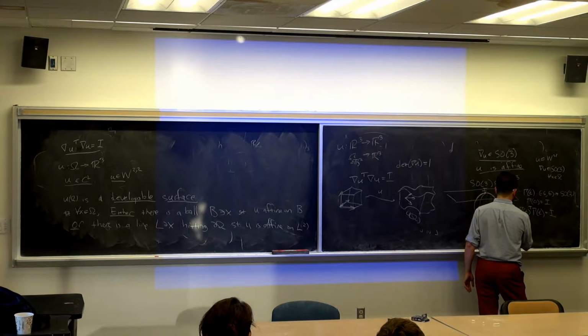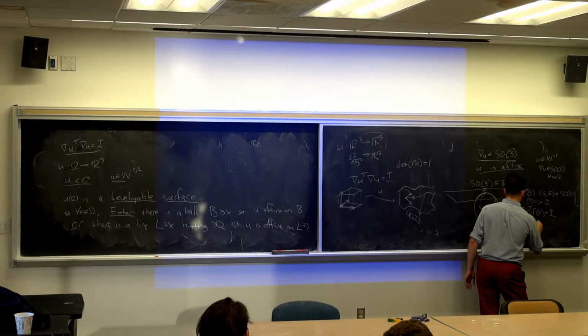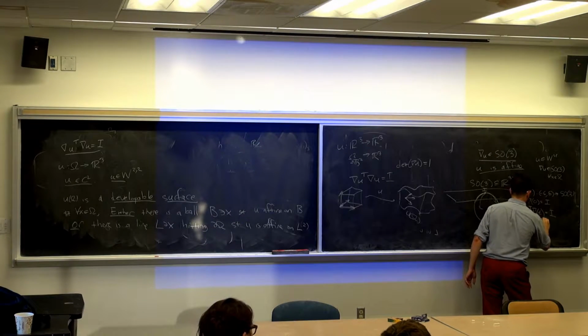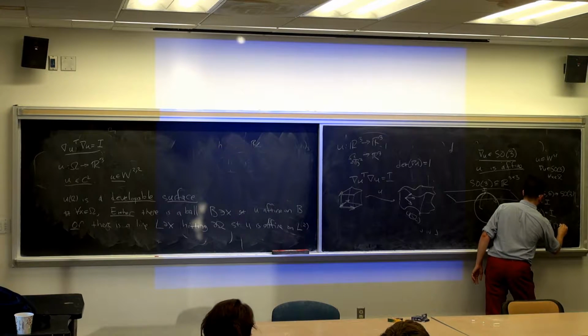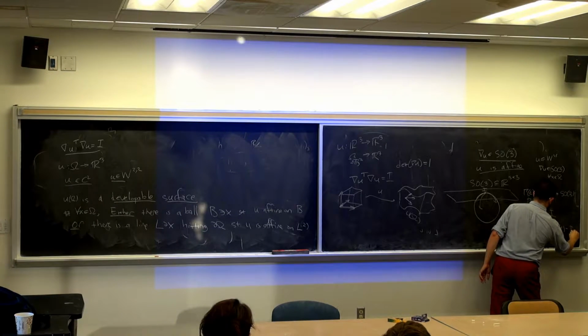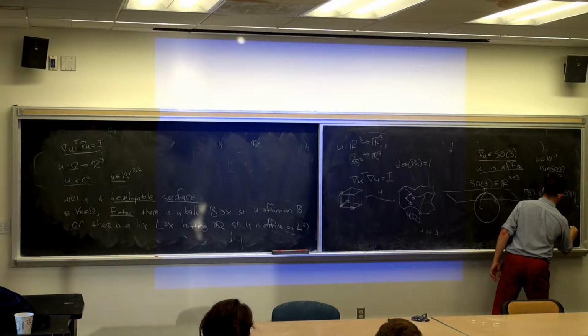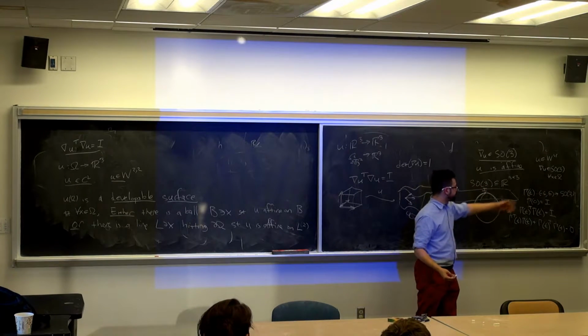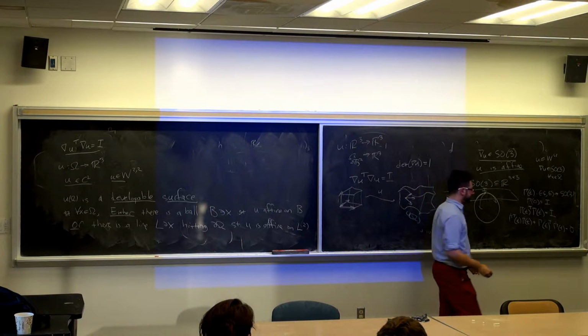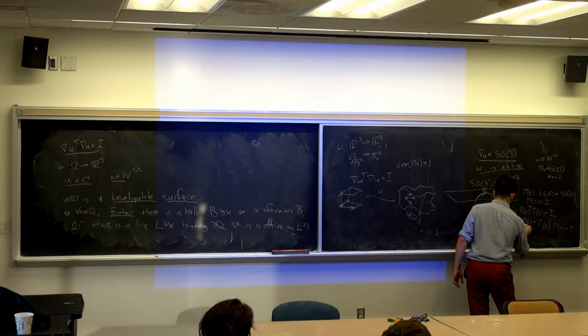Take a time derivative: gamma prime transpose of t times gamma of t, plus, this is just the product rule, equals 0, since the right hand side is constant. Then plug in t equals 0, so we get the identity here and the identity here.